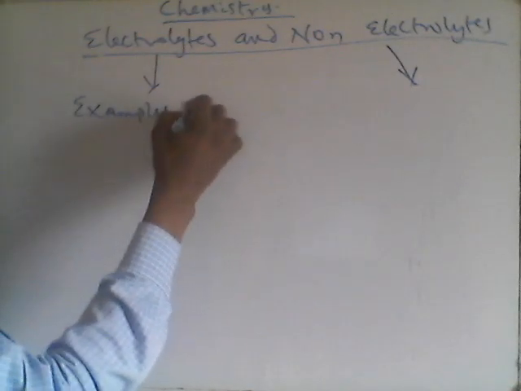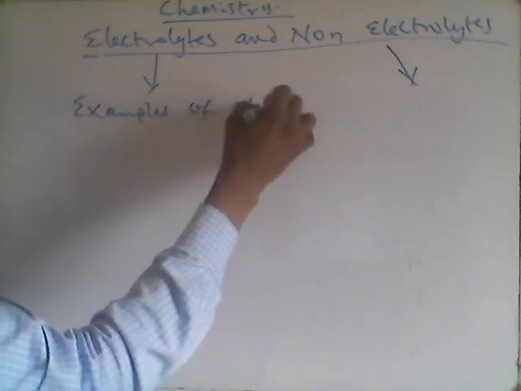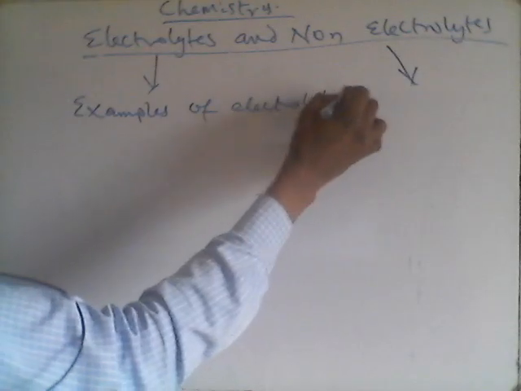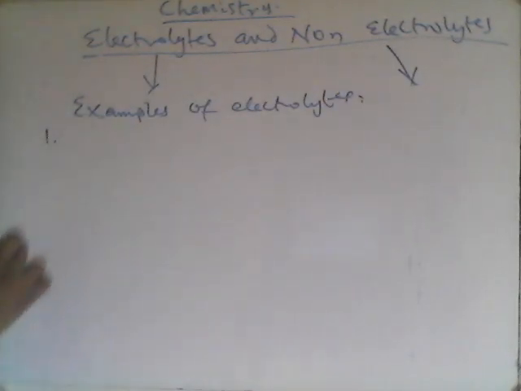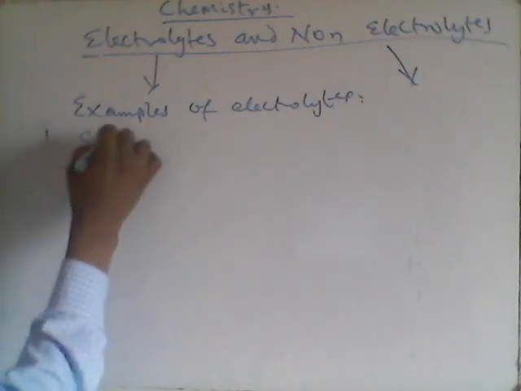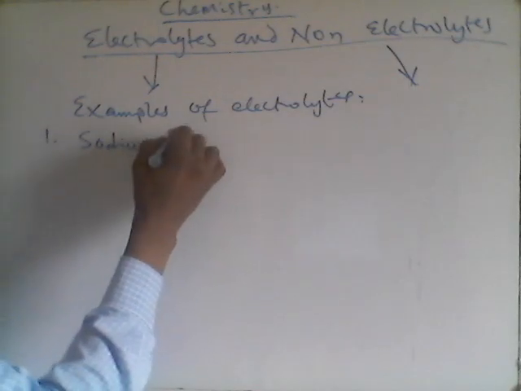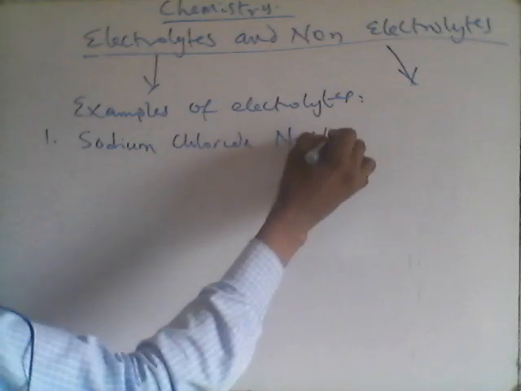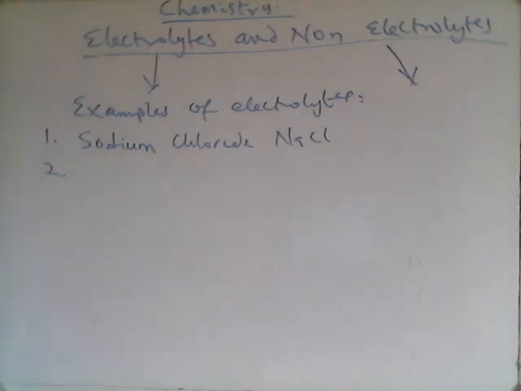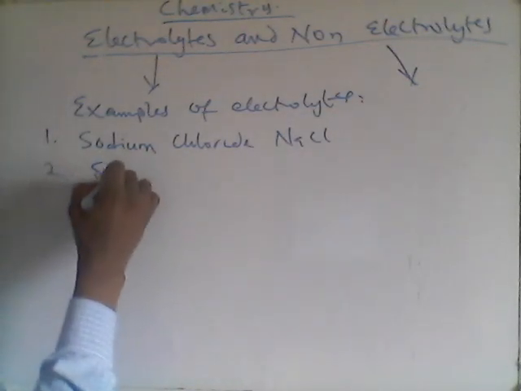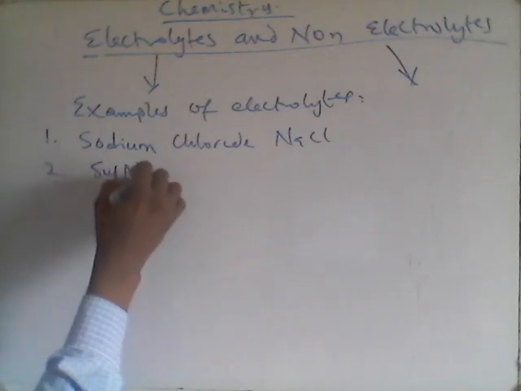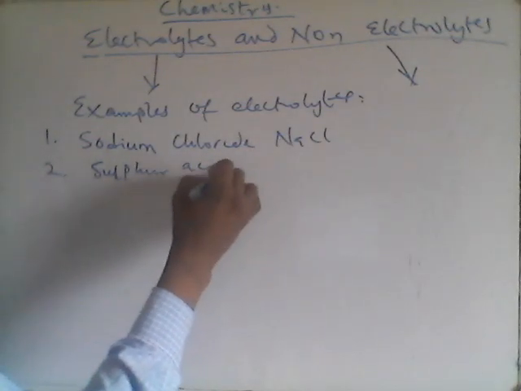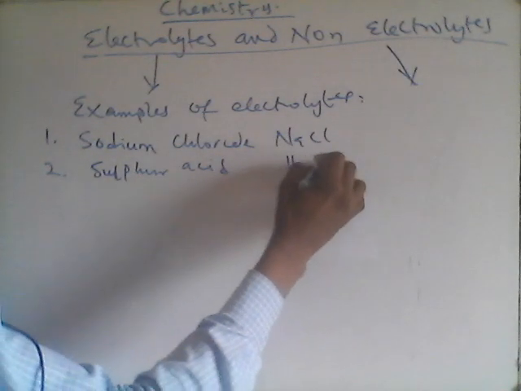Examples of electrolytes, that is, substances that can conduct electricity in molten form. Number one, I have sodium chloride, the formula is sodium and chlorine. Number two, I have sulfuric acid, H2SO4.